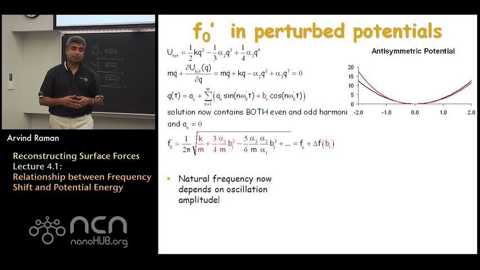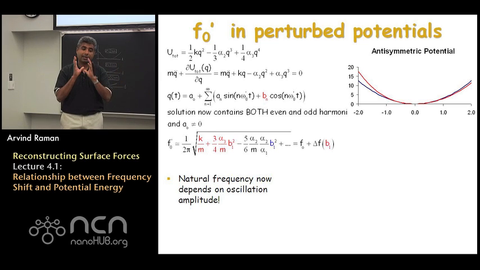And again, the natural frequency continues to depend on the amplitude of the oscillator. But importantly, the A naught term in the Fourier series expansion that you see out here is no longer zero. So the equilibrium position of the tip will actually move a little bit from where it was before.